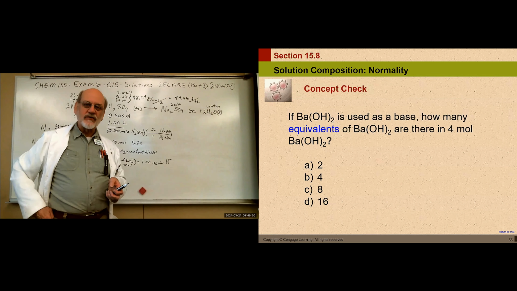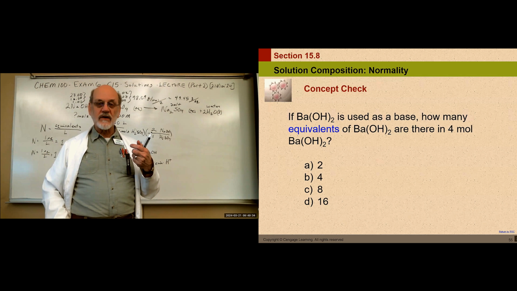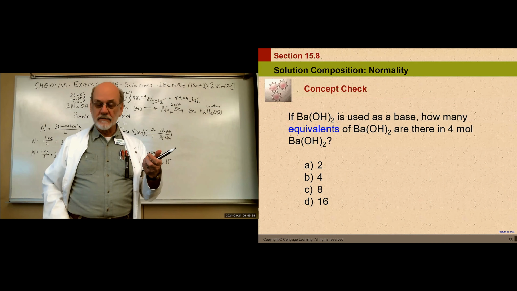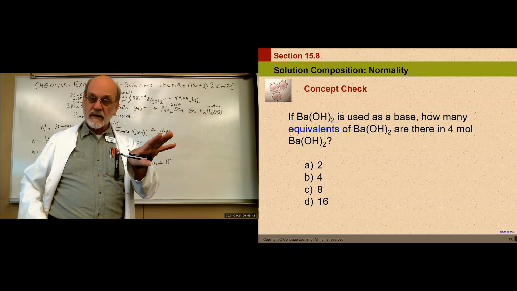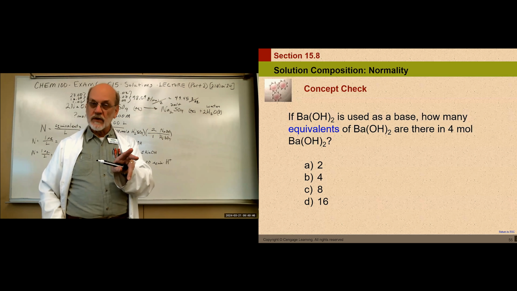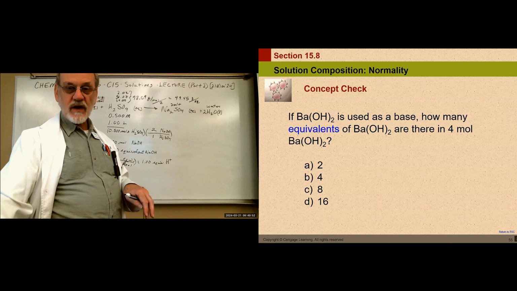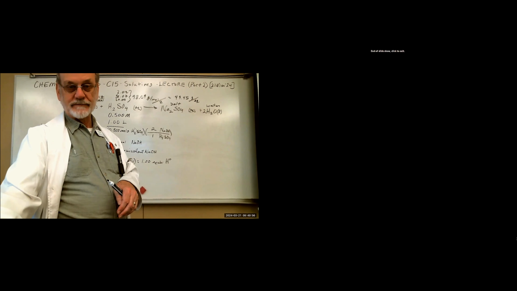So if barium hydroxide is the base, how many equivalents of barium hydroxide are there in 4 moles of barium hydroxide? Well, if you have 4 moles of the compound, for each mole of the compound, you have 2 moles of hydroxyl. So 2 times 4 is 8. You have 8 equivalents of hydroxyls.